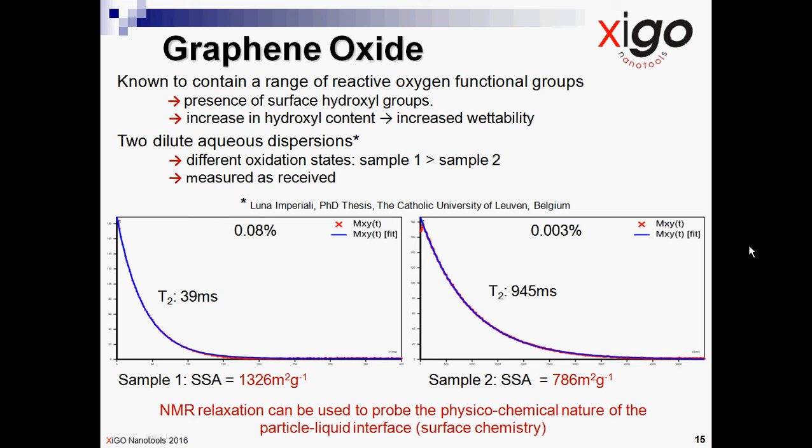The data shows a significant difference in wetted surface area between the two dispersions. Sample 1 had a larger wetted surface area compared with that for sample 2, 1,326 compared with 786 square meters per gram respectively. The wetted surface area values obtained from the T2 relaxation data are similar in magnitude to BET literature data for graphene oxide.